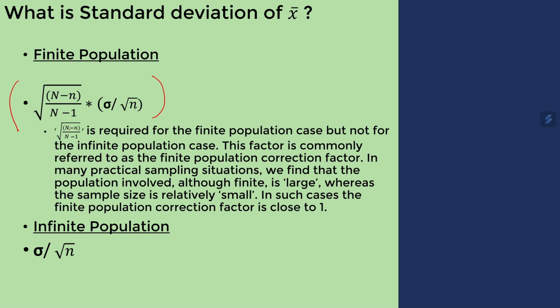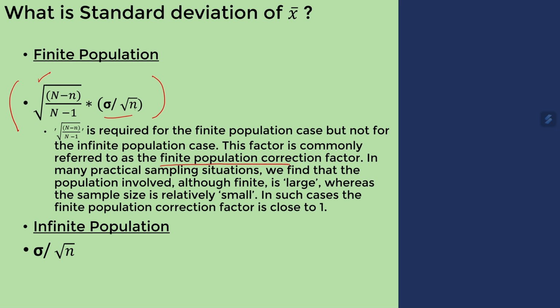Why are we multiplying this root to our general notation? This is required for the finite population case but not for the infinite population case. This factor is commonly referred to as the finite population correction factor.